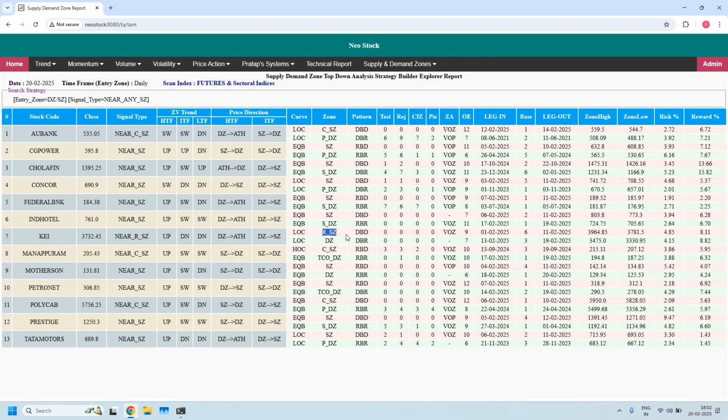KEI is having a high liquidity zone. Manappuram is having a high liquidity supply zone. Polycab is having a high liquidity supply zone. That's it. We have identified 4 high liquidity daily supply zones from this list.